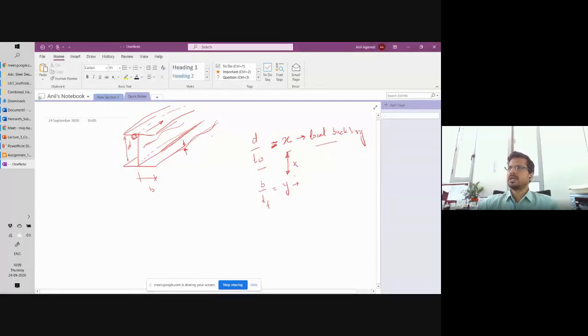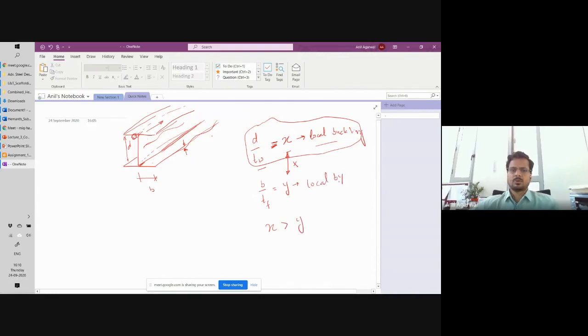Okay. There is no reason why X and Y should be the same. And the reason for that is the boundary conditions. On the web, the two edges of the web are restrained, right? And plus they are restrained against rotation also to some extent because of the flanges. So there is a higher level of restraint available for the web. And because of that reason, your X will typically be very, very high in comparison to Y.